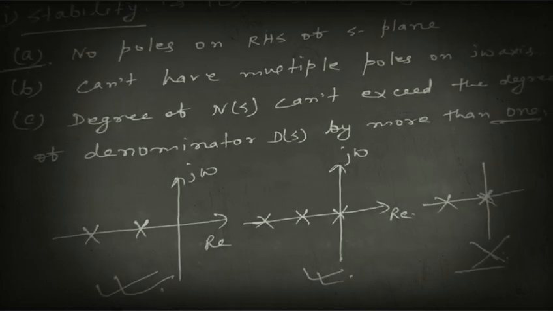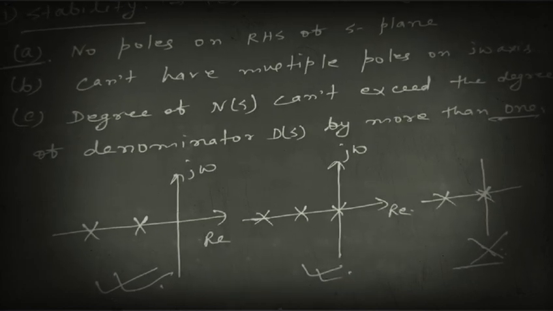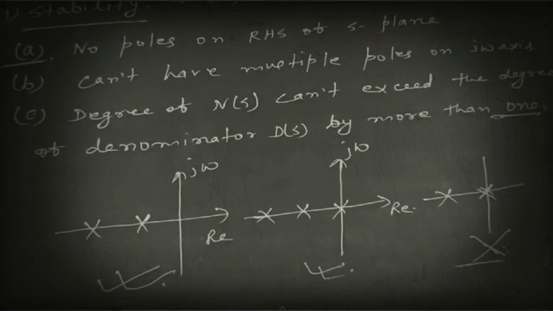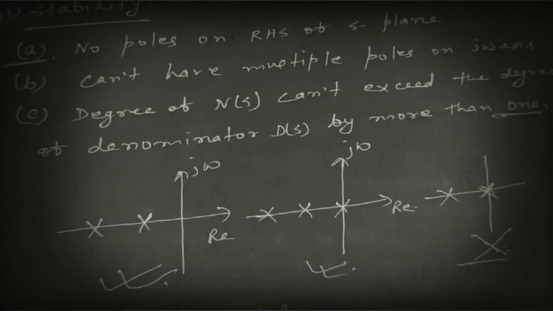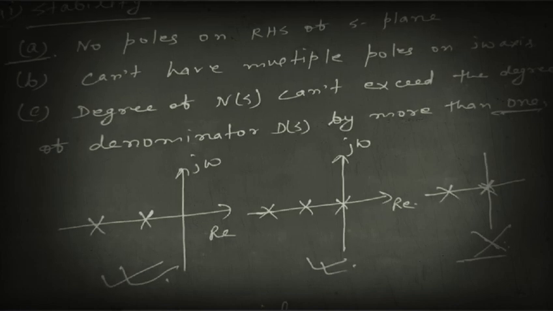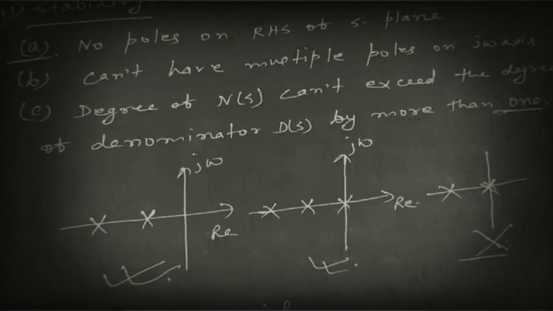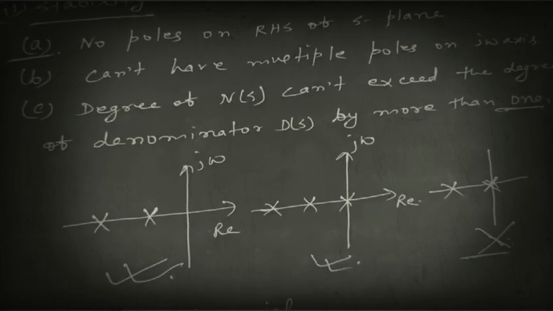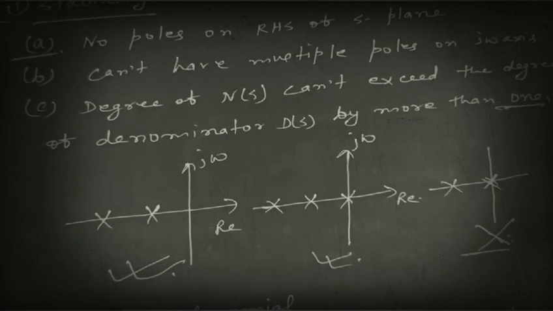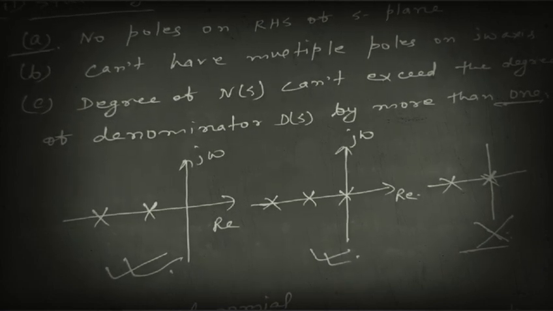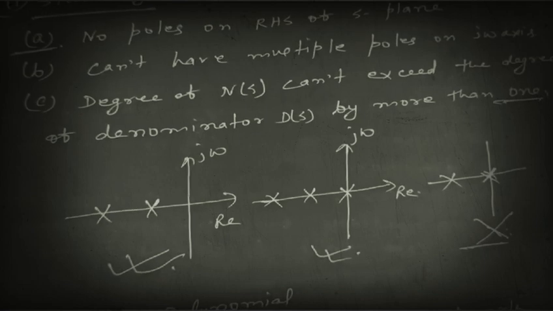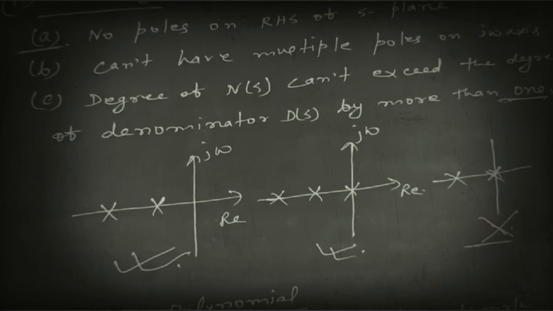Second thing is, we cannot have multiple poles on the j omega axis, that is the imaginary axis. Suppose we have poles at j equal to 1 and j equal to minus 1. Now if we have 2 poles at each of these, that means in the denominator we have a term like s square plus 1 the whole square.